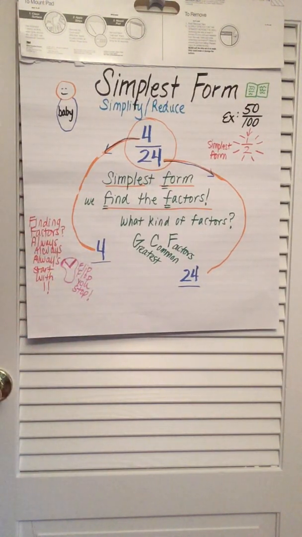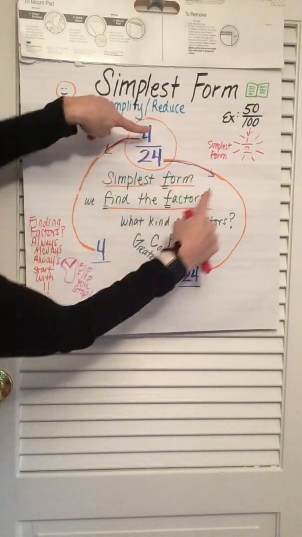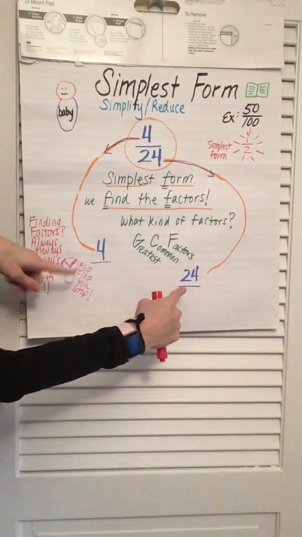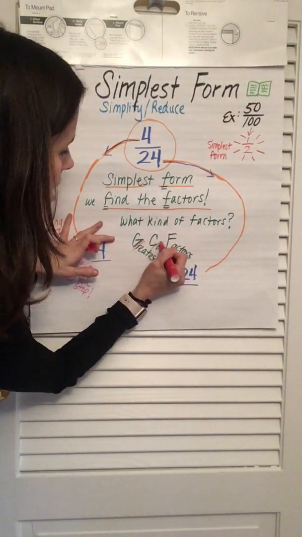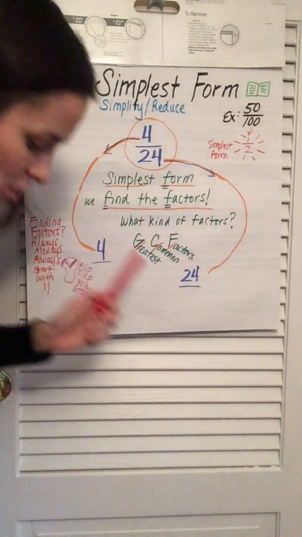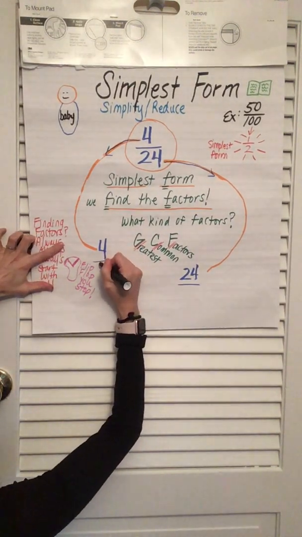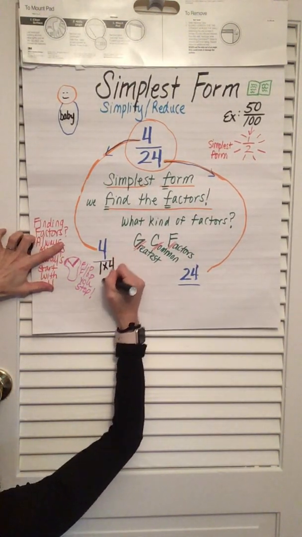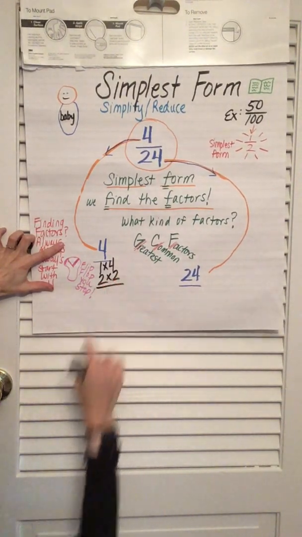Those methods of finding factors are going to help us. So let's take it from the top. Simplest form, we find the factors. What kind of factors? Greatest common factors. Okay, let's look at this. Factors of 4. Always, always, always start with 1. 1 times 4, 2 times 2. Hey, that's the same forwards and backwards.